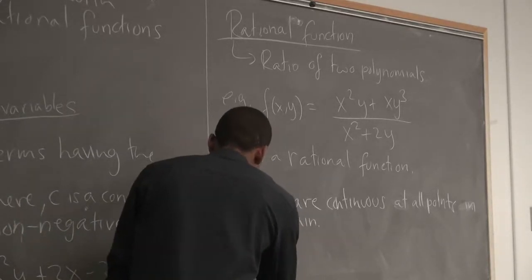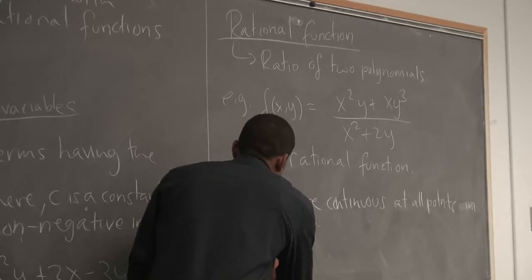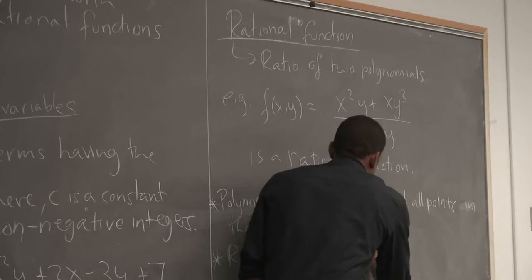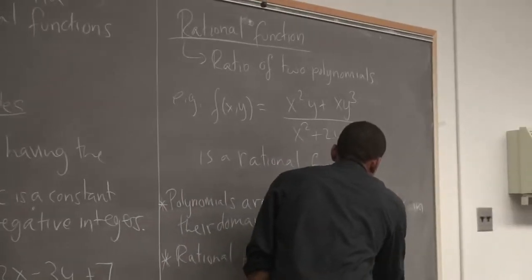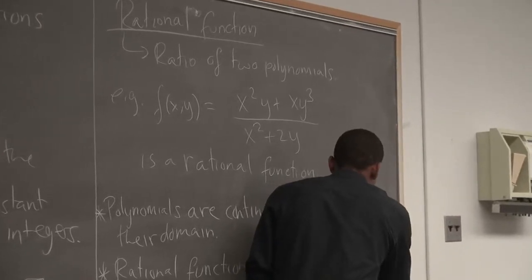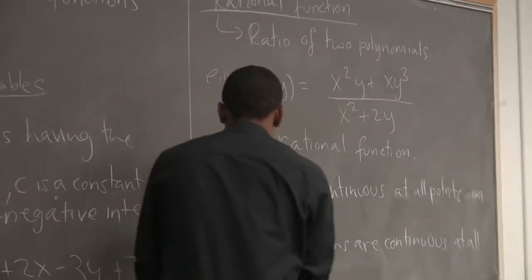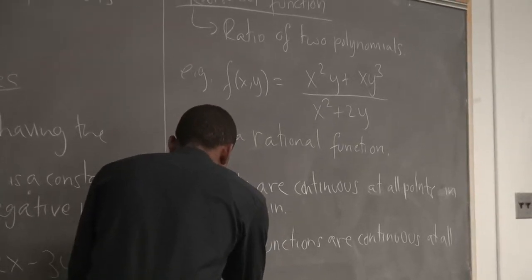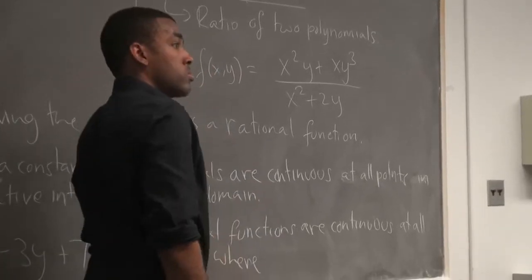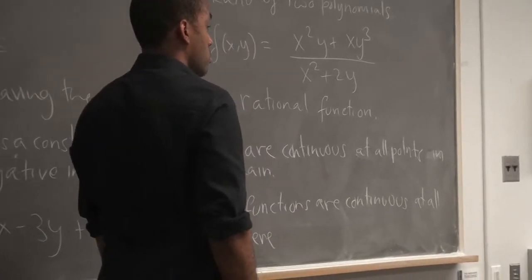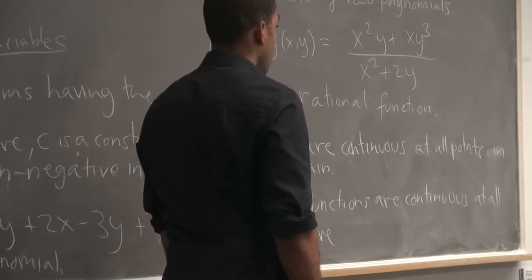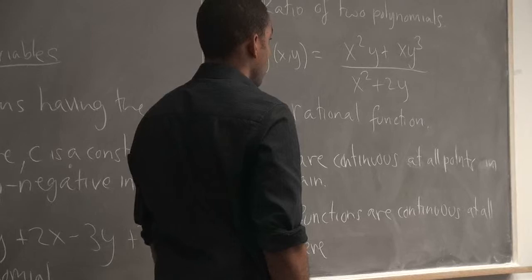Rational functions are continuous where? On their domain, but describe their domain. Well, if you have, for example, in the one you wrote on the board, if 2y is equal to minus x squared, then that's not in the domain.